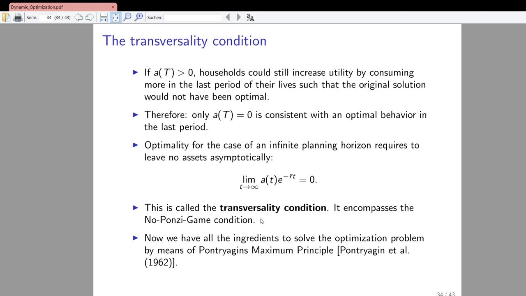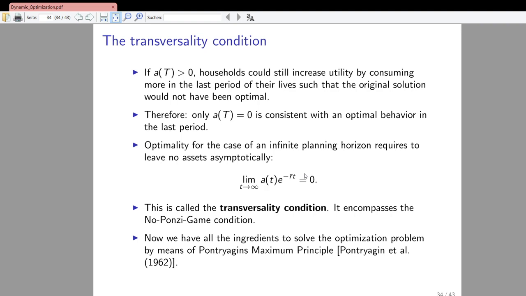It encompasses the no-Ponzi-game condition, so it does not allow this term to be negative, that's the no-Ponzi-game part, but it can also not be positive because that wouldn't be optimal. So only a solution path for which the limit as time goes to infinity of assets multiplied by the discount factor is equal to 0 is consistent with optimal behavior.